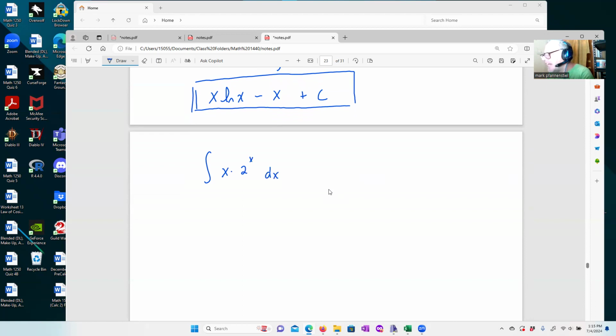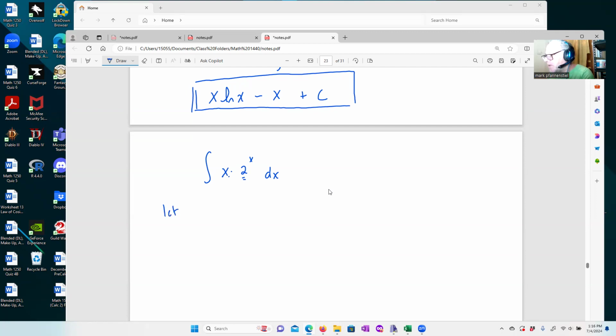This is one of those exponential types that doesn't have an e in it. Everybody in Calc 1 is like, oh, do we have to do more e's? E's are easy. This one's a little bit on the hard side, because anytime you have a polynomial times an exponential, it's going to be integration by parts. Polynomial times logarithm, integration by parts.